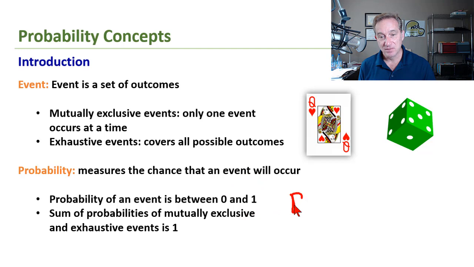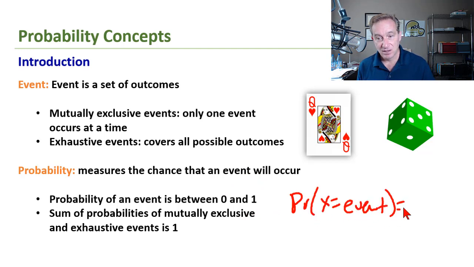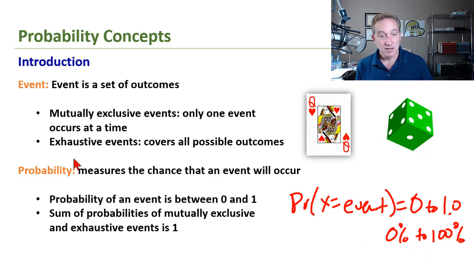Whenever we say the probability that x is equal to some event, we know to expect something that's between 0 and 1, or 0% and 100%. Part of the definition of a probability is that it needs to be within these bounds.